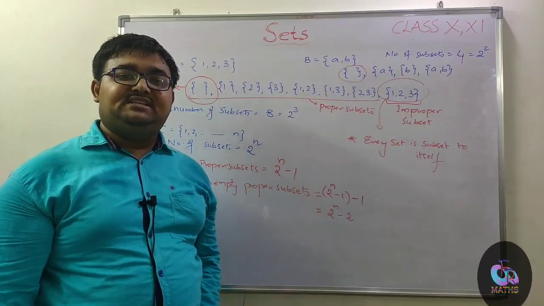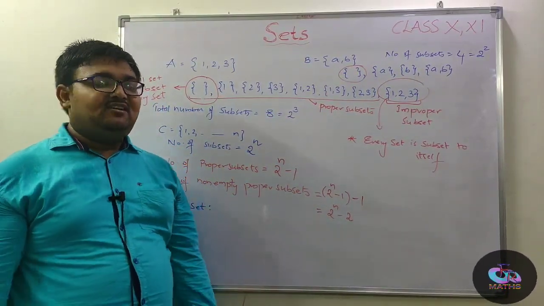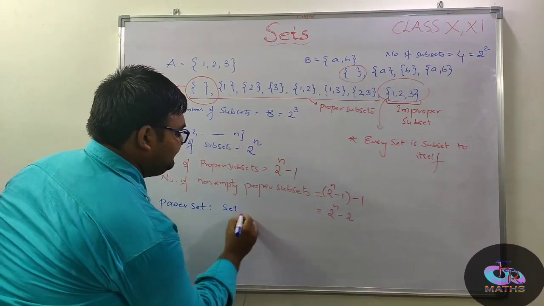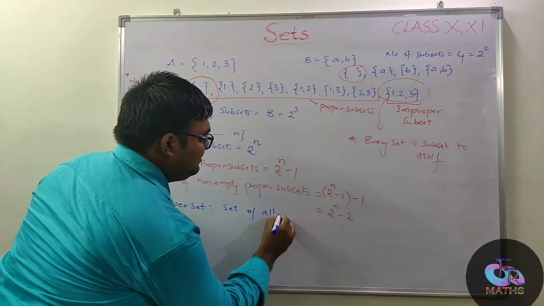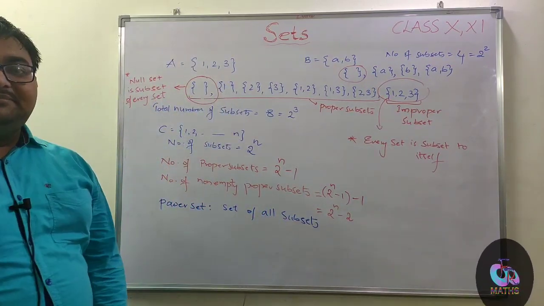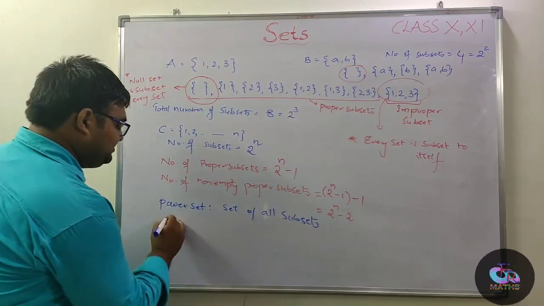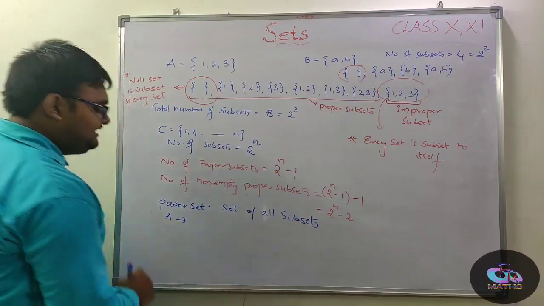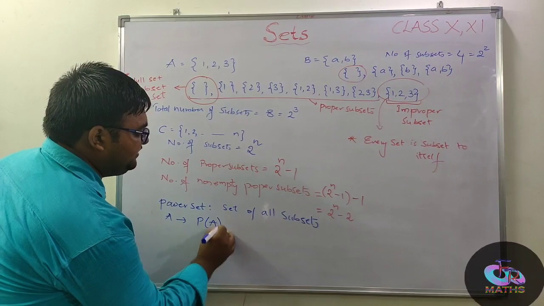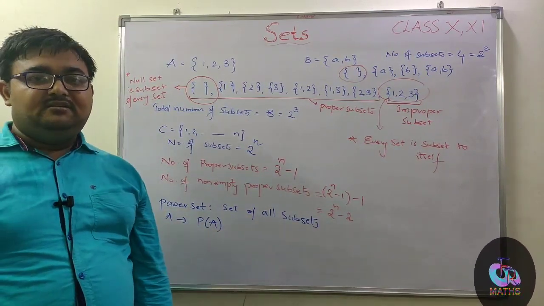Those subsets if I keep inside a set, then such a set is called a power set. So power set is simply, what is the definition? Set of all subsets. It is denoted by, suppose I am considering a particular set A, then power set of A is denoted by capital P of A.